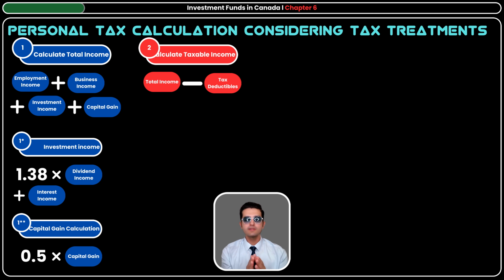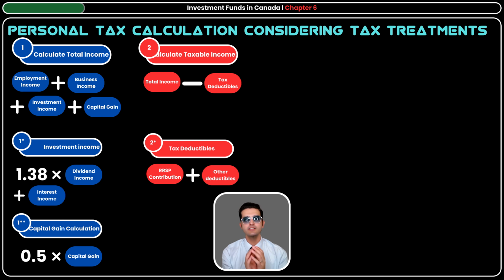What's the most common tax deductible? It's RRSP. We're going to talk about RRSP a little bit in this chapter and more of it in the next chapter. But RRSP is the most common tax deductible tool. Each year, depending on your income, you get a room called RRSP, 18% of your gross income.